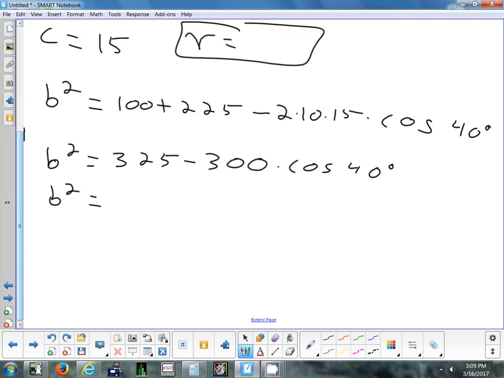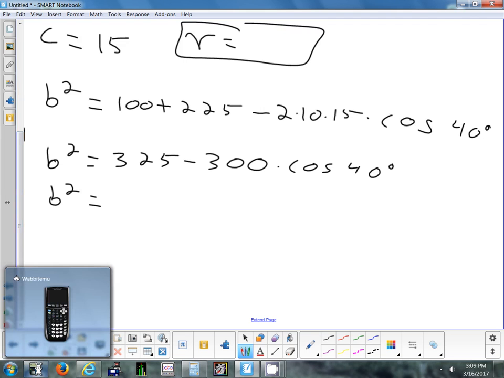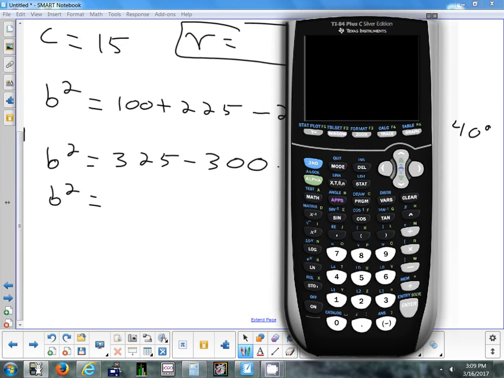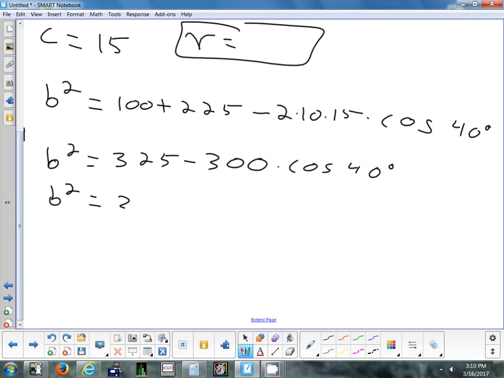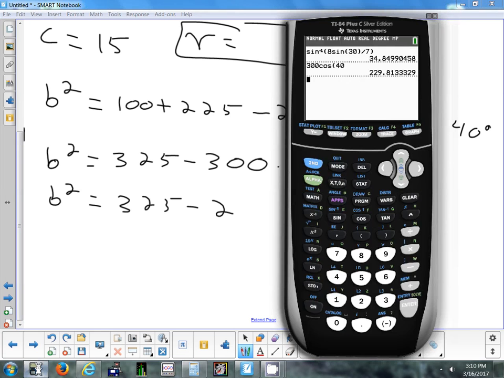You subtract 300 from 325. No, you can't do that because it's attached to cosine. So you have to solve that, type that in the calculator, 300 times cosine 40. Yep, you got to do multiplication before the subtraction. So now I need 300 cosine 40, which is 229.81.